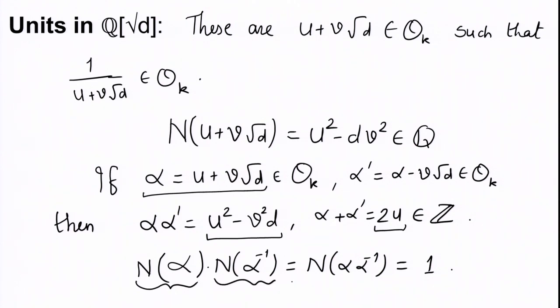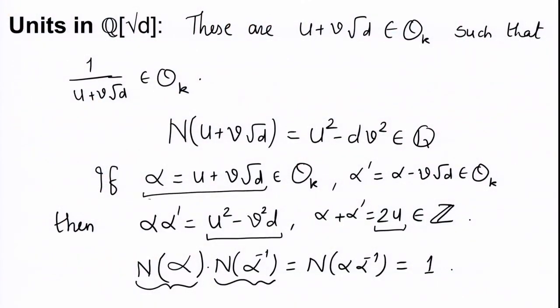So, you have an integer dividing 1 in the set of integers, and the only invertible integers are 1 and minus 1. If you have norm alpha to be anything other than 1 and minus 1, you cannot multiply it by again an integer and get 1. So, this says that whenever you have an alpha, if alpha is a unit then the norm has to be equal to 1.